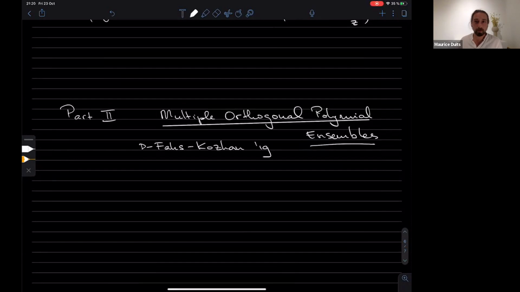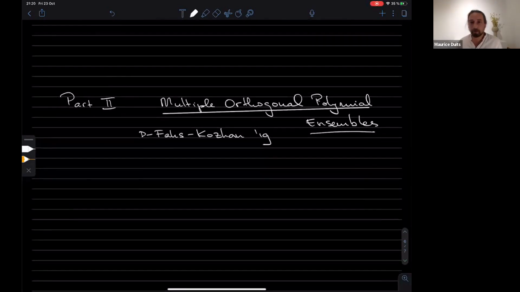These two theorems in tandem are not yet enough. You actually have to put some more input in it, like the Denisov-Rakhmanov theorem that I mentioned before, or some other kind of inputs here. And for multiple orthogonal polynomials, the story becomes a bit more complicated, but therefore also interesting. And that's what I want to discuss now.